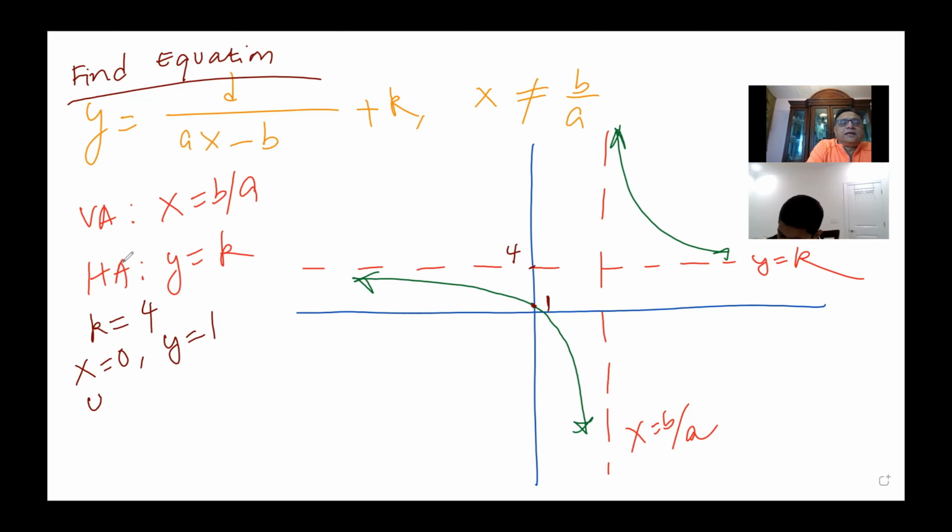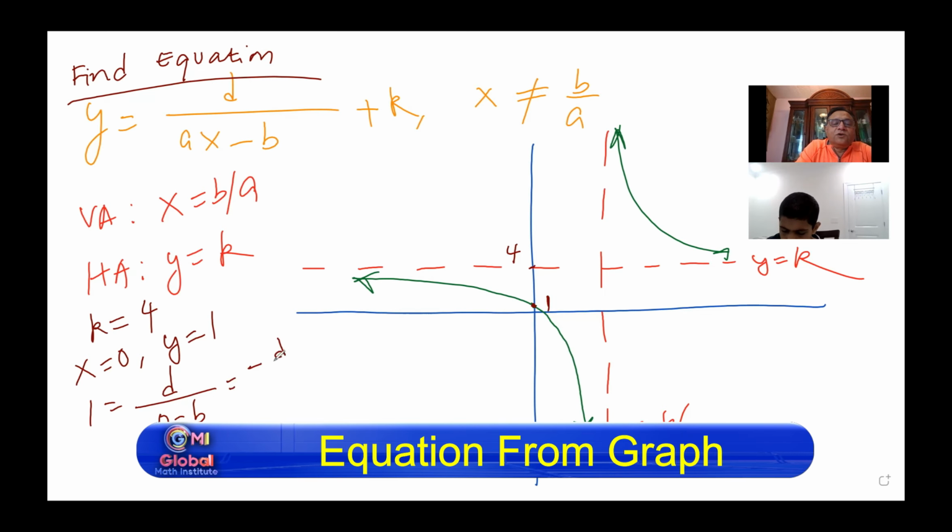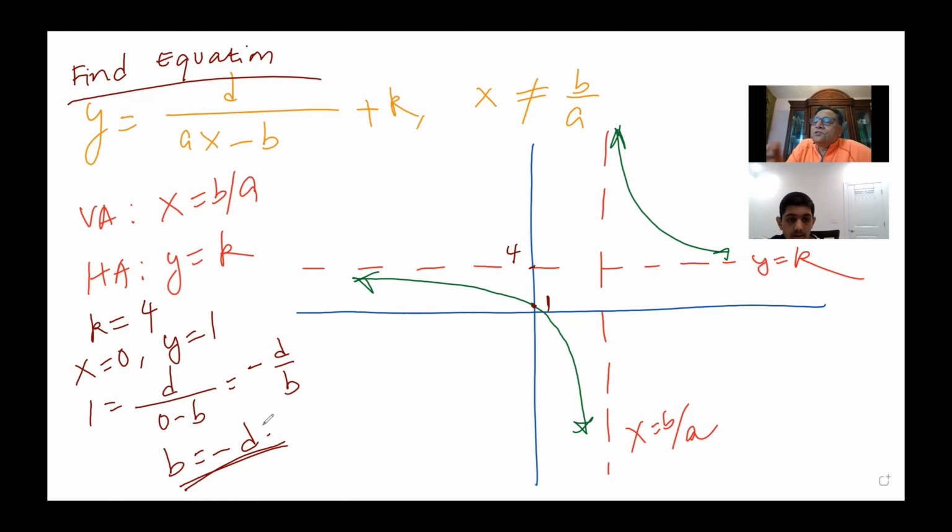In this equation, if I put, I get 1 equals to D over X is 0, so 0 minus B. Do you see that? Yeah. So I get a value which is 1 is minus D over B. That really means that B is equal to minus D. Is that okay? Okay. B is minus D. So that means if you take any value of B, negative of that is D value.